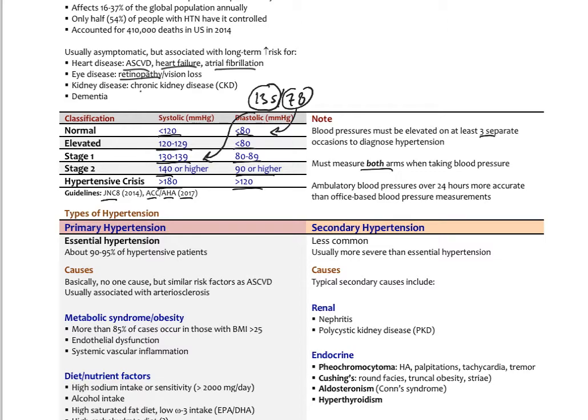We're also finding that what are called ambulatory blood pressures, and that's where a patient is sent home with a special device that actually randomly checks blood pressure throughout the day and then averages those values, is much more accurate than either the patient taking their blood pressure or the doctor taking the blood pressure. These devices are becoming smaller, more portable, and I think in the future we're going to see a lot more of this.